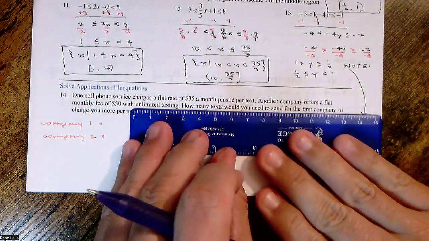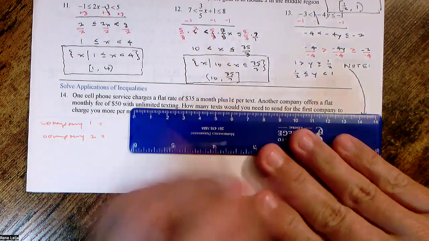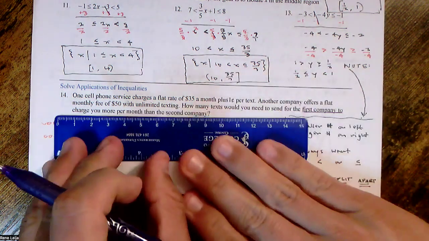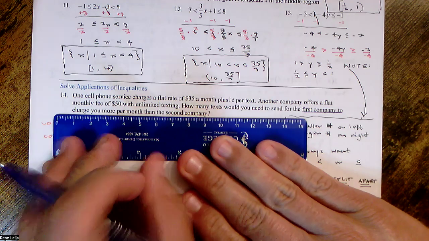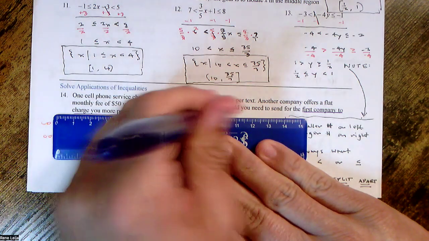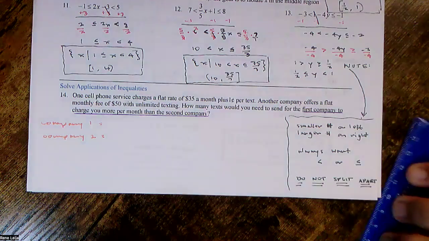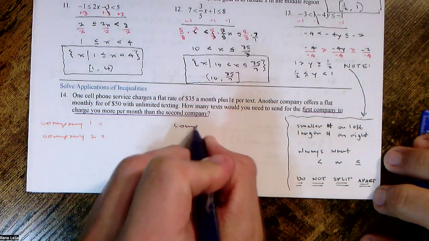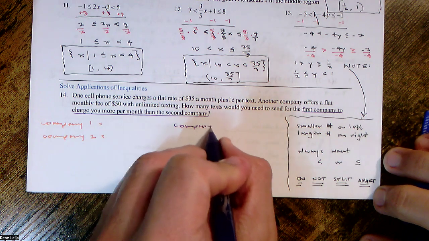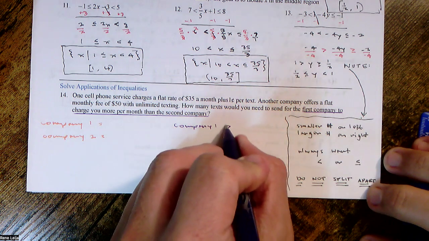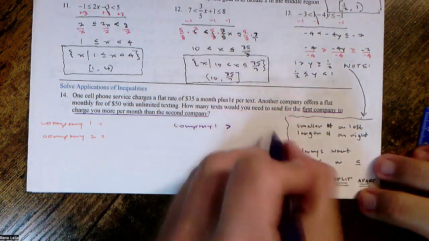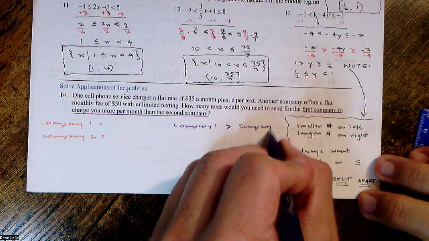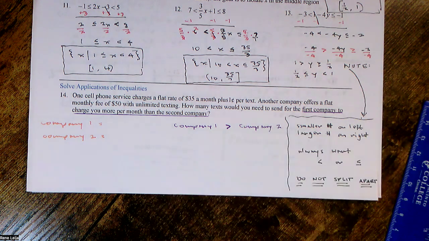It said, how many texts would you need for the first company to charge you more than the second company? So that means company 1 has to be more than company 2.